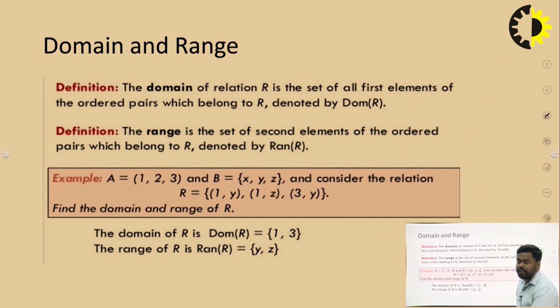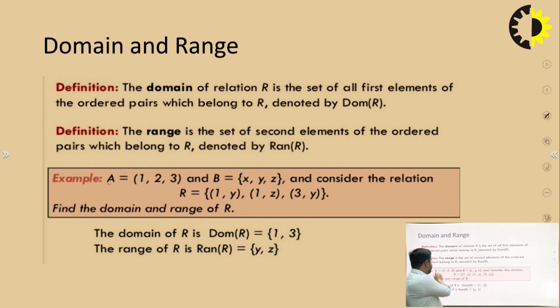Here comes the next topic, domain and range. The domain of a relation is the set of all first elements of the ordered pairs which belong to the relation, denoted as DOM of R. The range is the set of second elements of the ordered pairs which belong to R, denoted by RAN of R. This is easy; I will tell how to find domain and range.